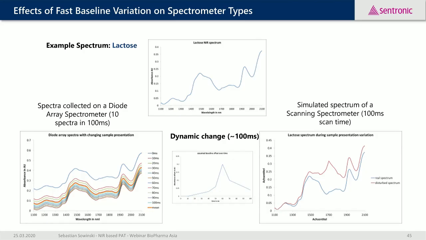Talking about moving product, we may have the following situation where we have an example spectrum of lactose shown on the middle top. And this spectrum shown there is the average out of 10 spectra which are collected within 100 milliseconds. At the bottom left side, you can see each individual spectrum along with the timestamp, and you can see the total measurement time is 100 milliseconds.